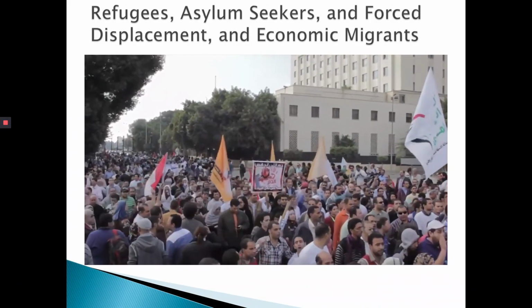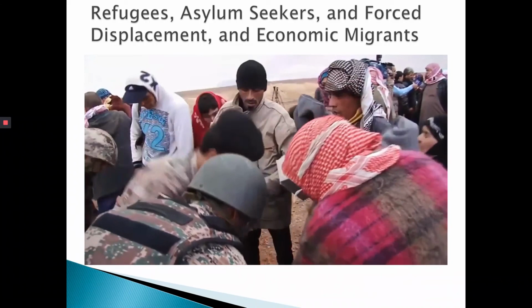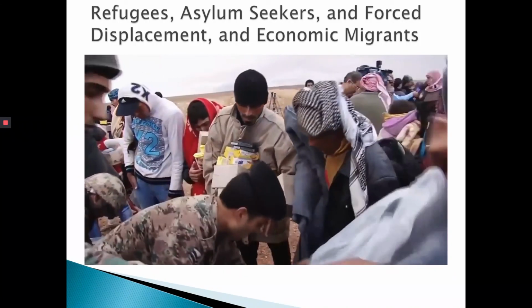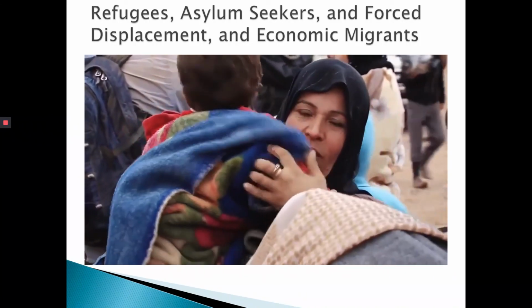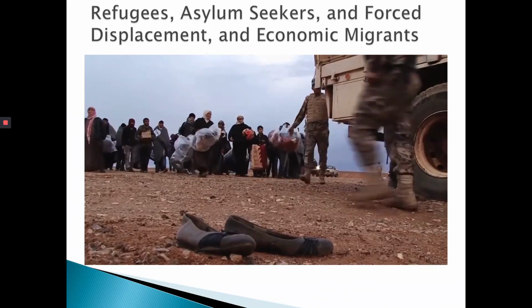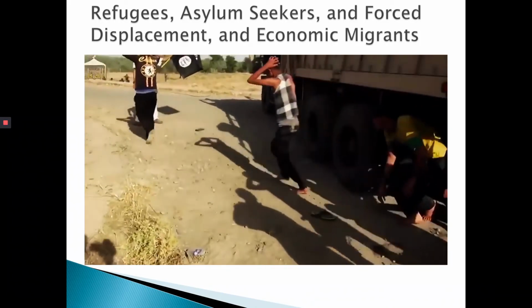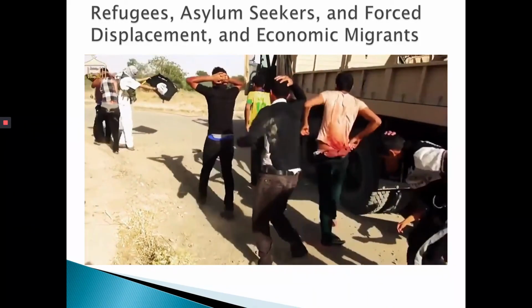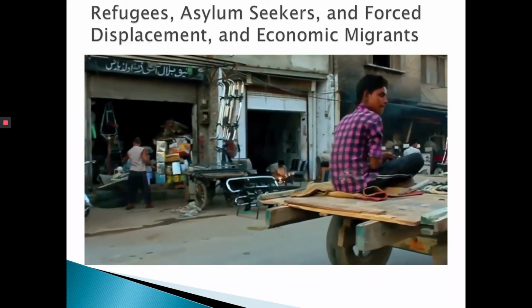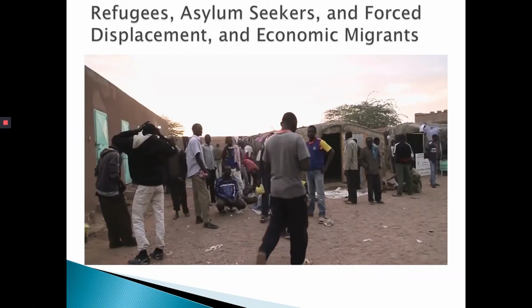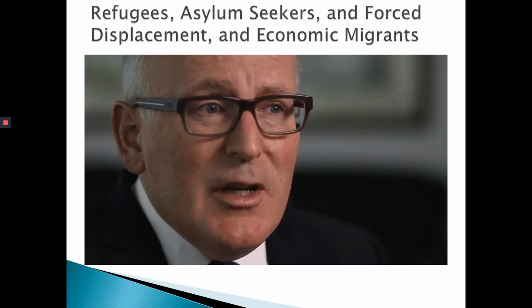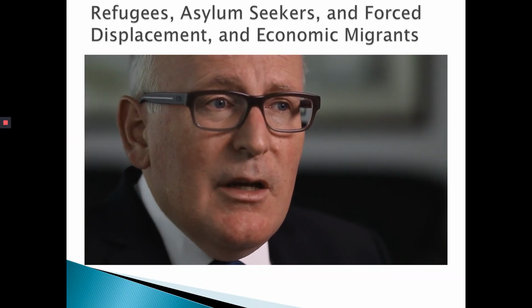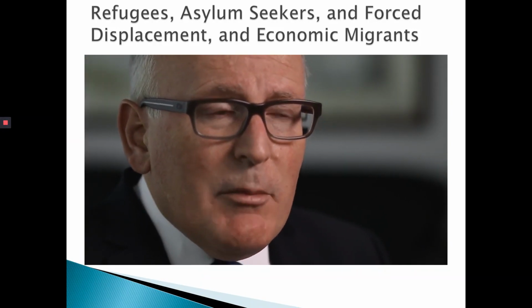It's not easy to discern them, but we know that if people are coming from Syria, then they have the right to asylum in more than 90% of the cases, because simply they're fleeing from war. But we also know that when people come from Pakistan, or people come from some African countries, they probably don't have the right to asylum. More than 80% are economic migrants, and they don't have the right to stay.